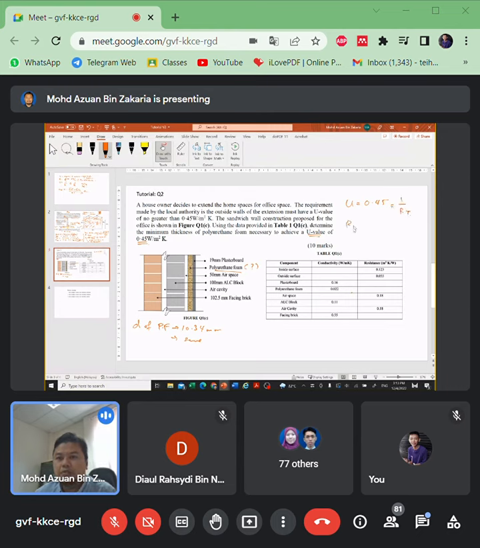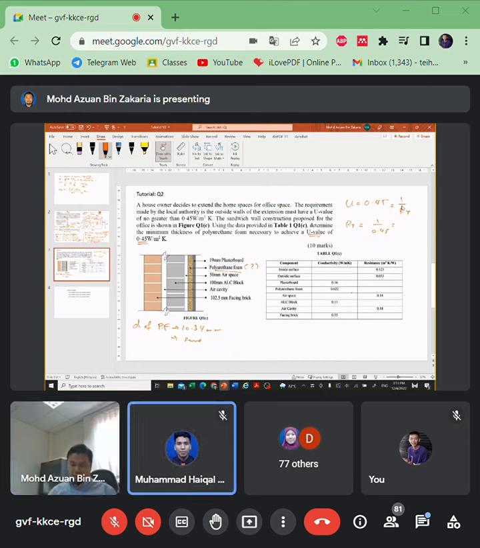So required R total is 1 over 0.45, which is berapa? 1 over 2.22. Okay, so our target is 2.22. Here the summation should be 2.22, because 2.22 will result in 0.45.